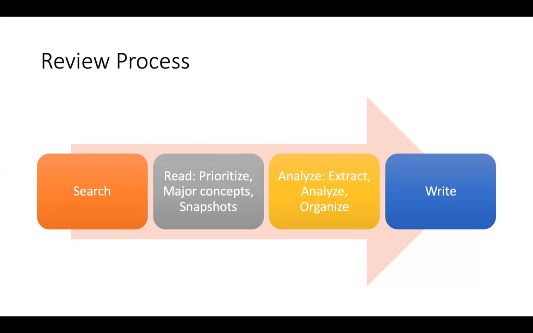So you have to prioritize your literature and read the full text of those that are most relevant and important to your research topic. And then sometimes you just read the major concepts, and sometimes you can just get the snapshots of some literature.